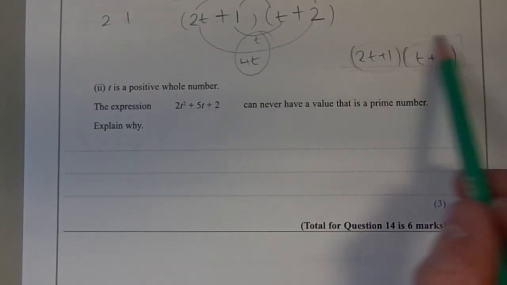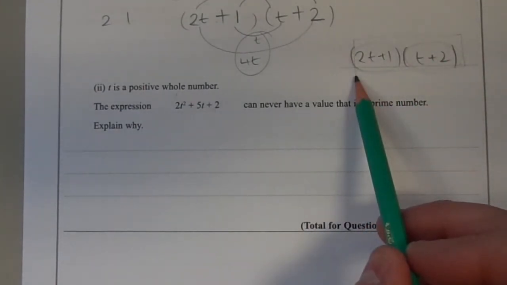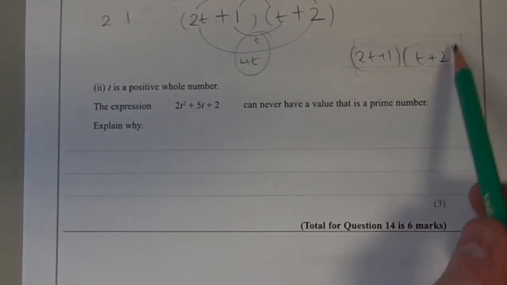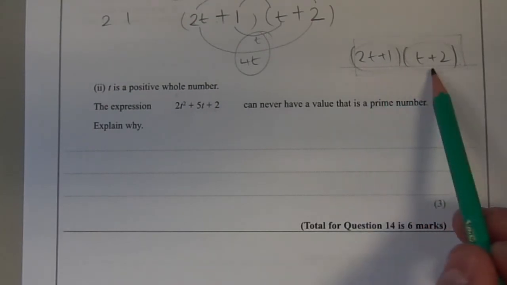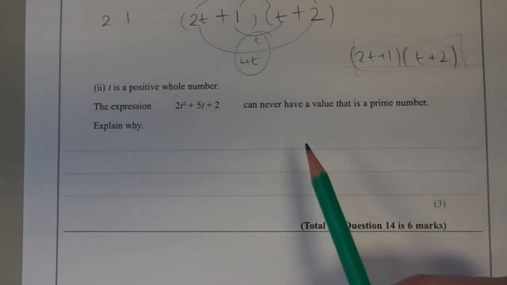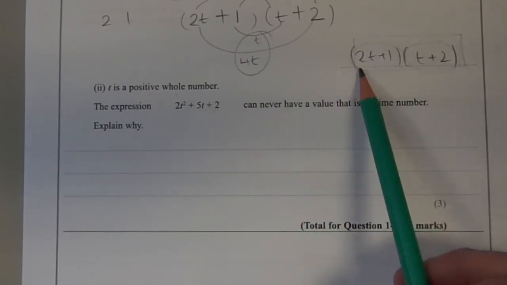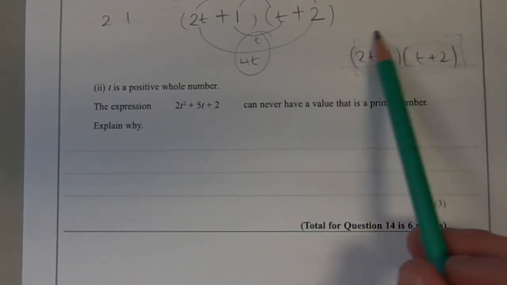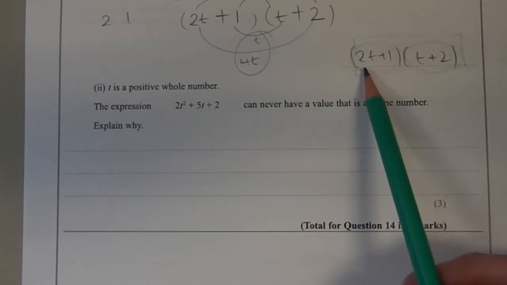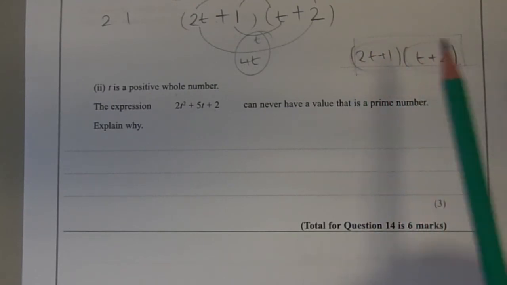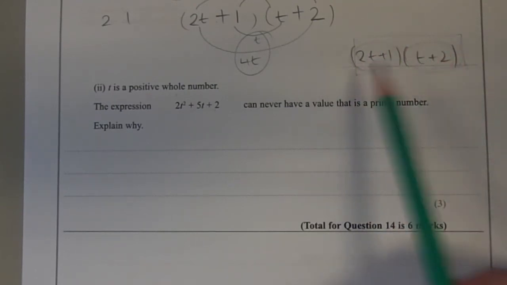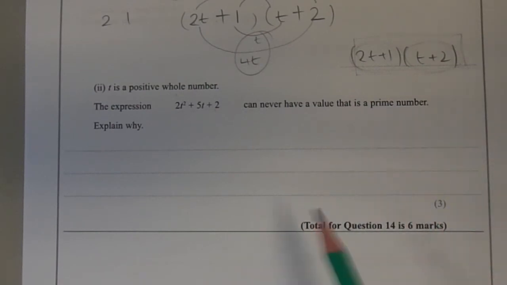And in this expression here, you can see that we are multiplying together two positive whole numbers. Therefore, this cannot be a prime number, because a prime number doesn't have two positive whole numbers which will multiply together to give it.